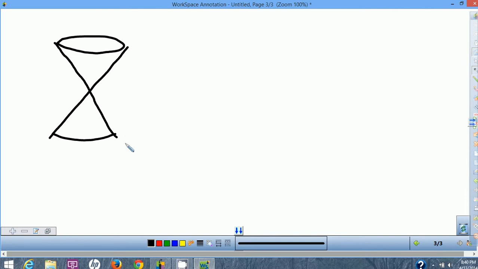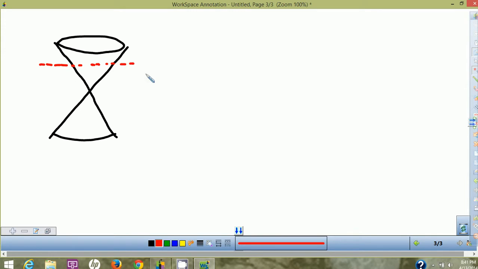And we call them conics because they come out of these two sets of cones. Conics are where we take a plane and we cut our cones. If I take a plane and I just cut right through my cone like this, what shape am I going to have?